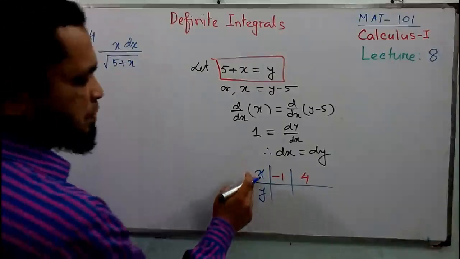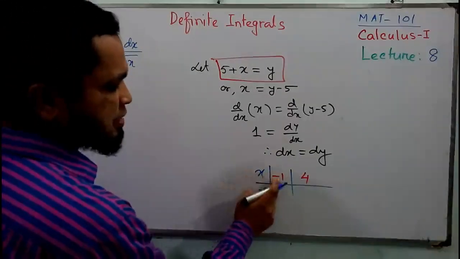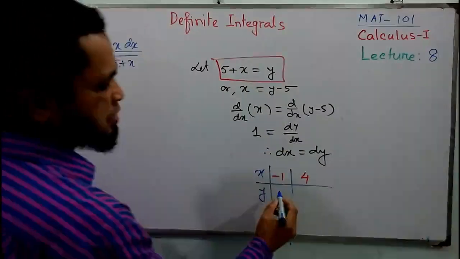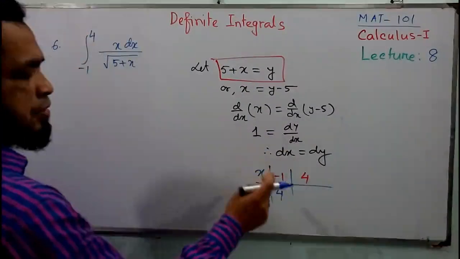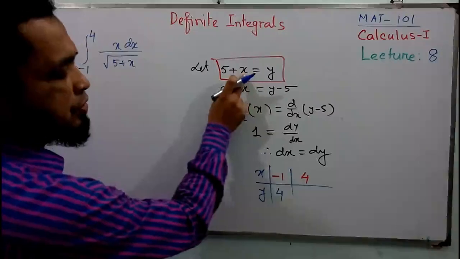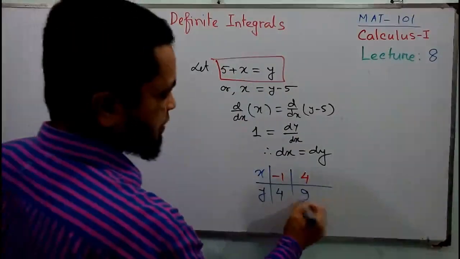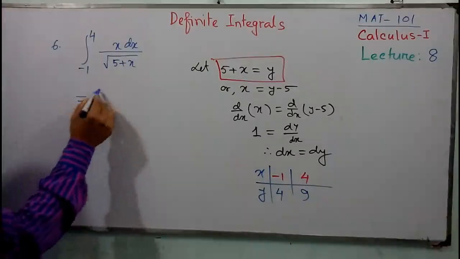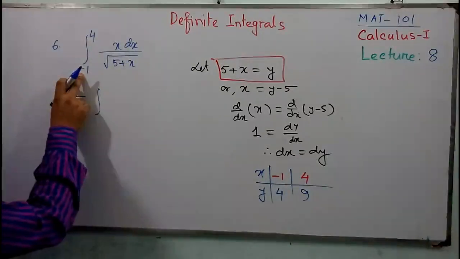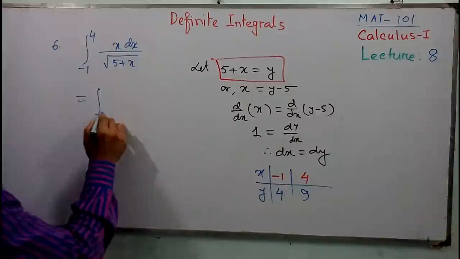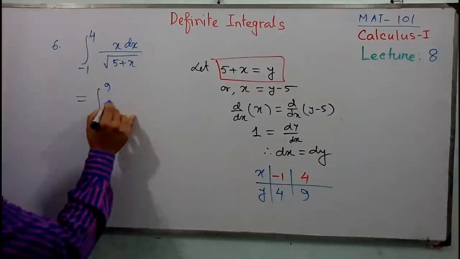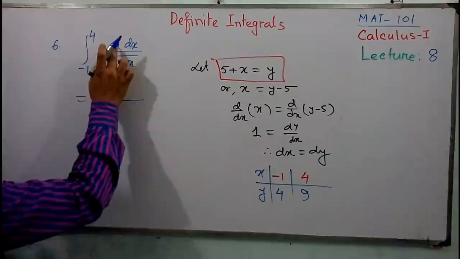At first you apply the value of x is minus 1 here, 5 minus 1, that is 4, and here 4, 4, 9. I think you can understand. Now apply the limits, instead of minus 1 it will be 4, instead of 4 it will be 9.